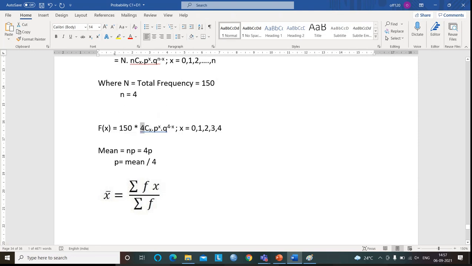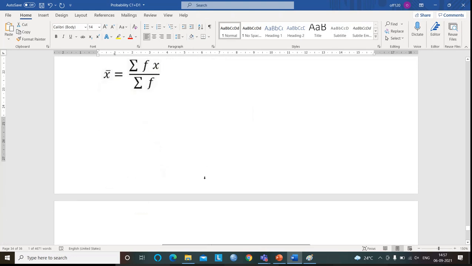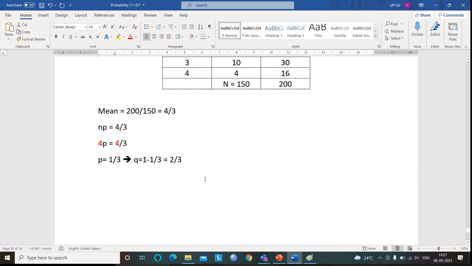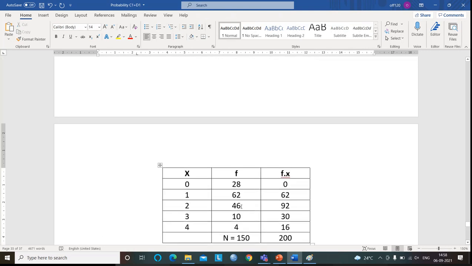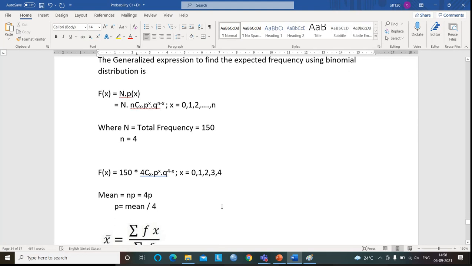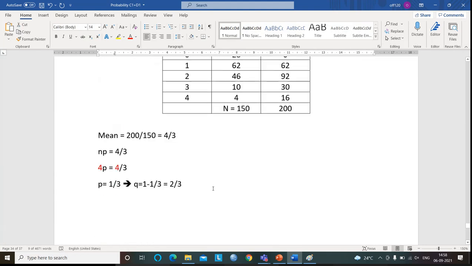That is, n is 150, small n value is 4. I need to know the values of the other two, that is P and Q. So to find out P, I have used this table to find out mean. So after finding that, now I can substitute this P value and Q value in this particular expression. So let me do that.